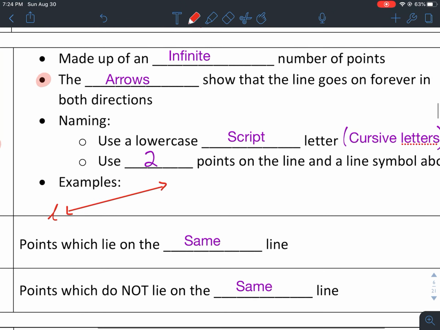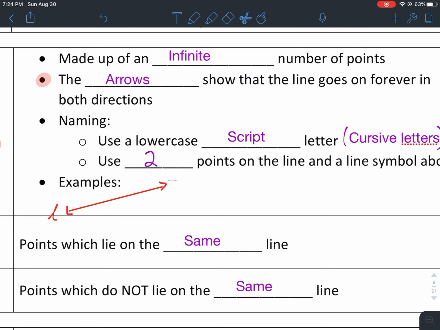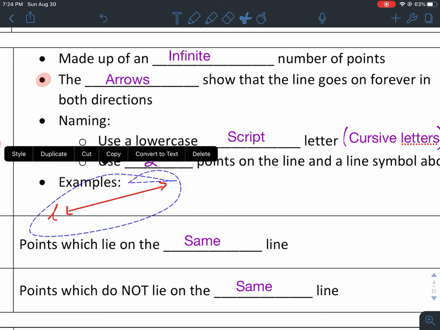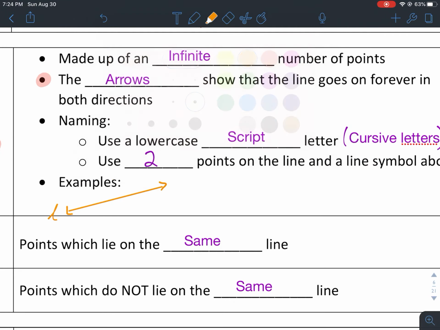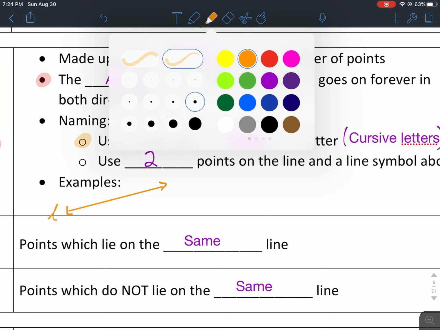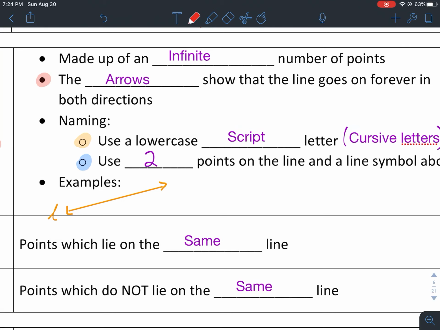Now you could also use points on the line. So for example, let me just highlight this a different color, orange. You can also use 2 points on the line.